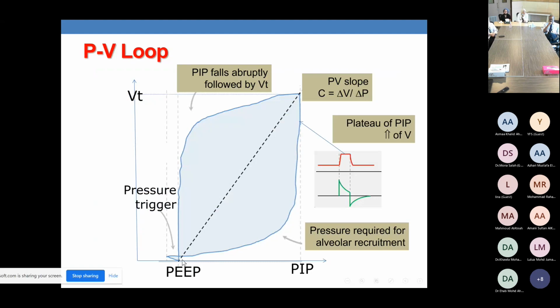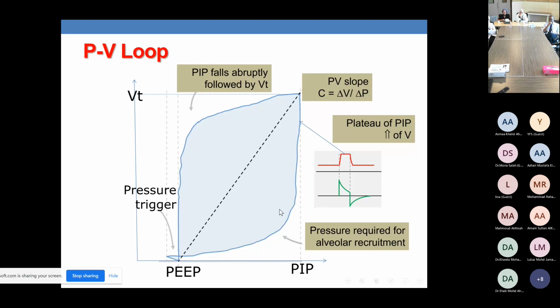Again, when you have a trigger, it will be a bit like a spike or a tilt like that. So it will start again and go back, and you go back to your PEEP. Now, if it is dropping so fast and not reaching 0 here, this means that there is a leak. And as we said, this is the pressure required for alveolar recruitment.